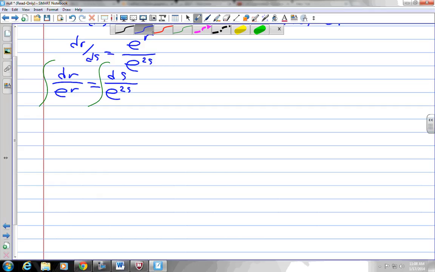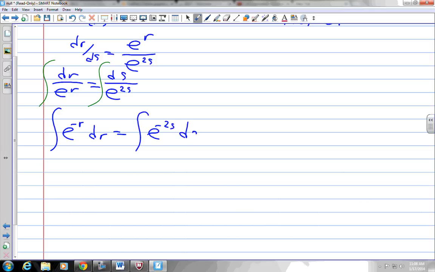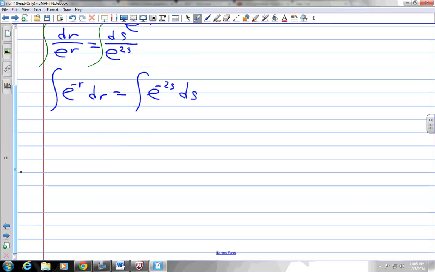Well, then what's du? Yeah, write it as e to the negative r dr, e to the negative 2s ds. Technically you're supposed to use u substitution for this type of integration, but you can just figure out the antiderivative of e to the negative r.